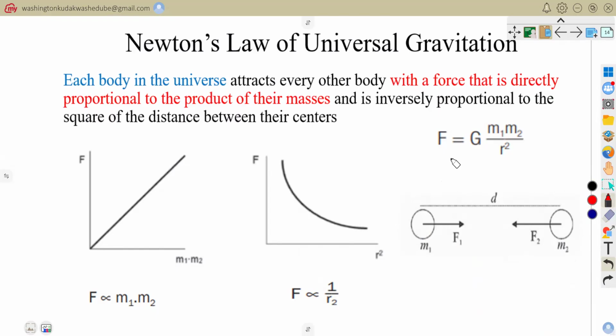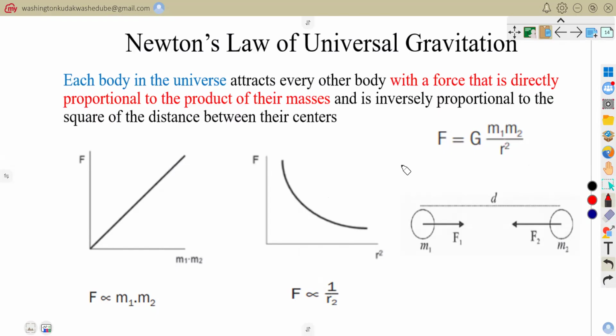That law is usually represented by this formula, which says that F is equal to big G, where this G is the constant of gravitation, the gravitational constant, M1 times M2 divided by R squared.